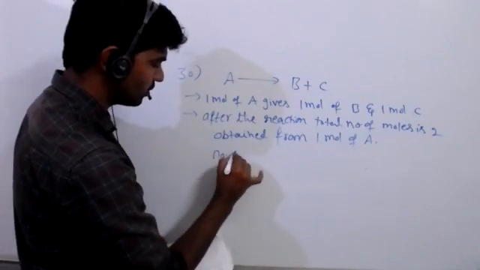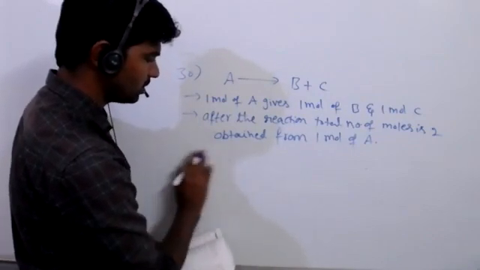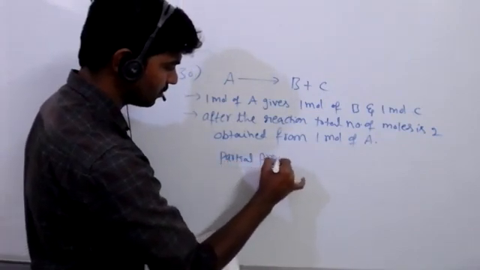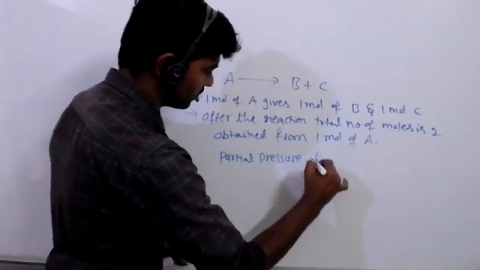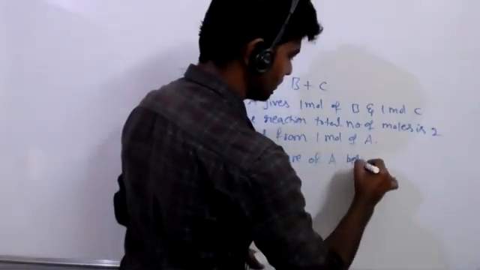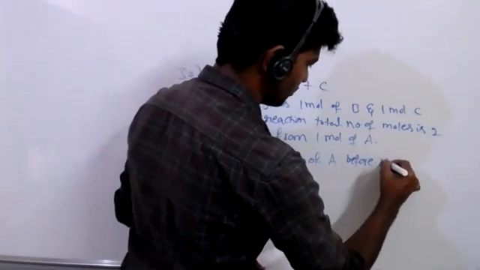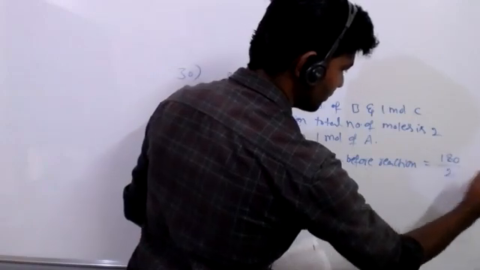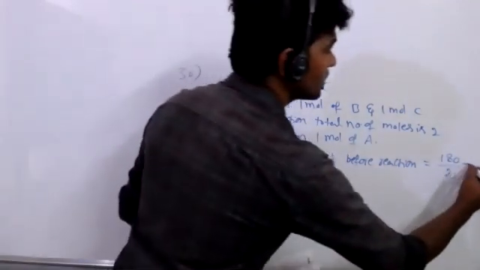Not number of moles, but the partial pressure of A before the reaction is equal to 180 by 2, so 90 it is.